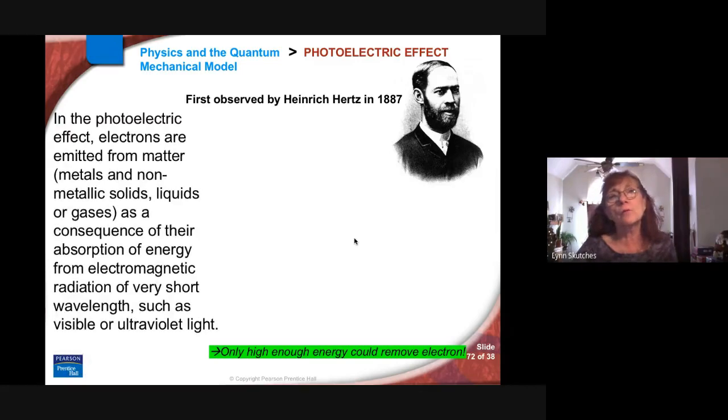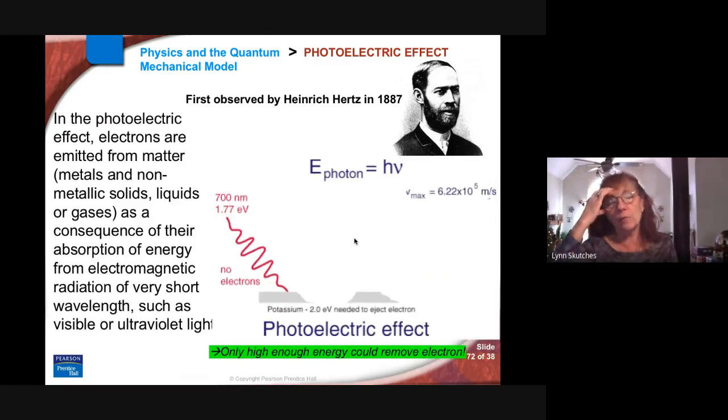Some of this stuff was first worked out by the guy whose last name is used for our frequency unit, Heinrich Hertz, along with a bunch of people, including J.J. Thomson. He was dealing with light and metals and noticing that if you strike materials with a certain kind of light, something comes off of it.